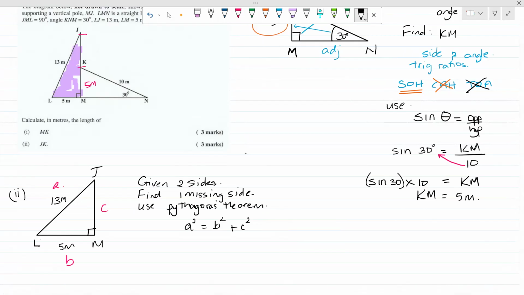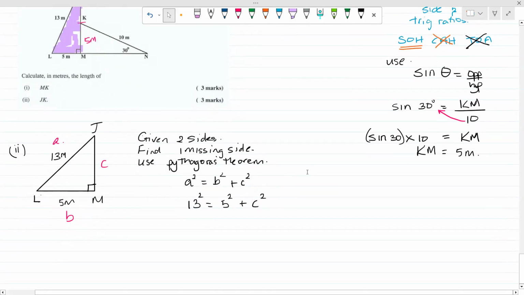All right. A is going to be 13 squared, B is going to be 5 squared, and we're going to work out what C is.